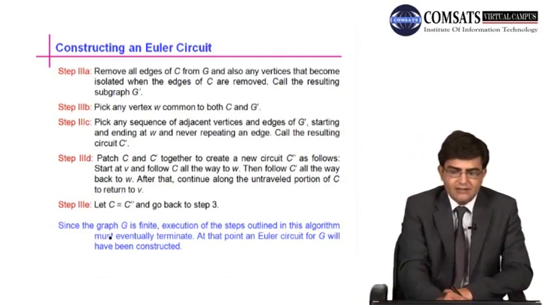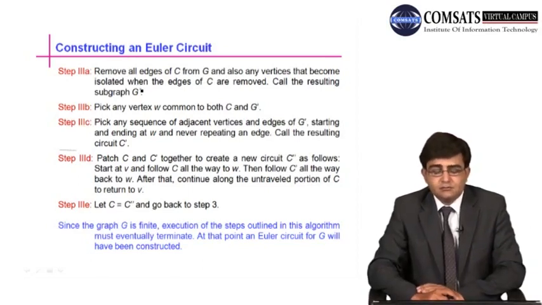Here we have G dash. Now step 3B: pick any vertex W common to both C and G dash.